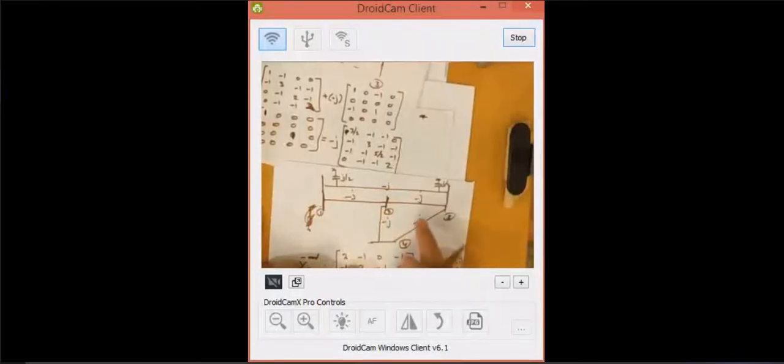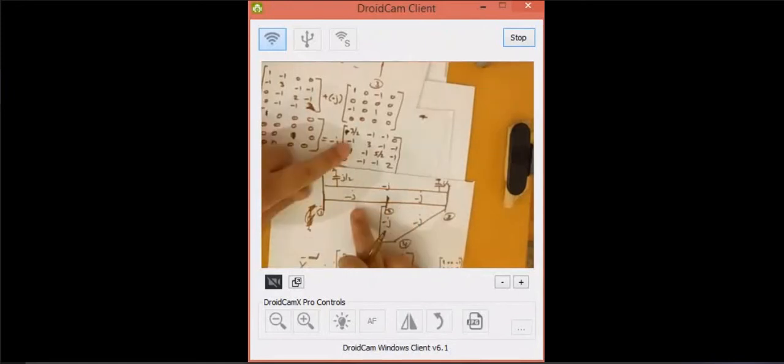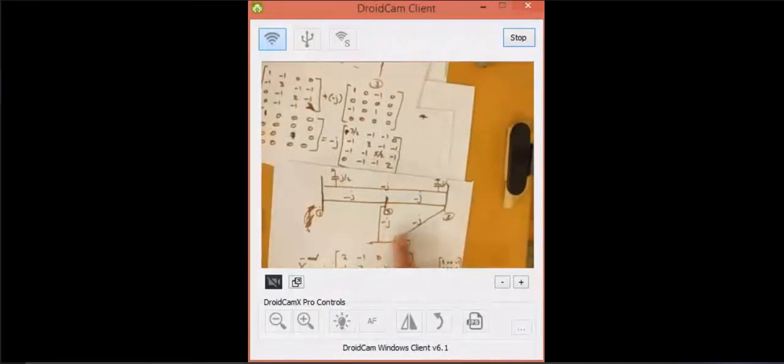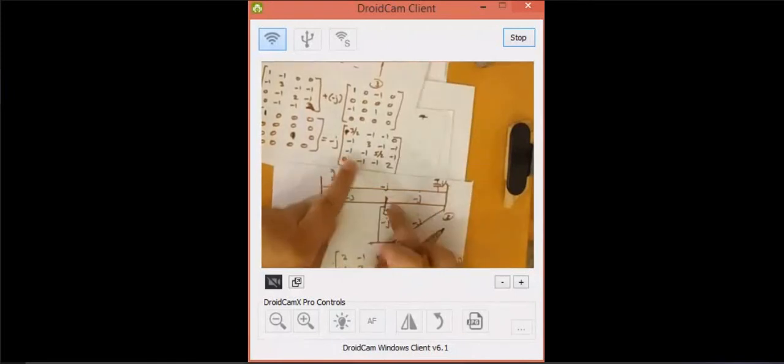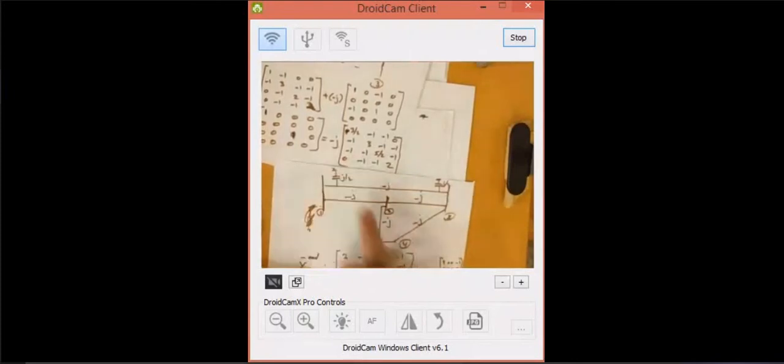So for number 3, we have minus 1, minus 1, minus 1, minus 3, plus 1.5, which is 2.5. Common with 1, minus 1. Common with 2, minus 1. Common with 3, minus 1. Okay, 4, we have 2. Nothing with 1, 0. With 2, we have minus 1. With 3, also we have minus 1.